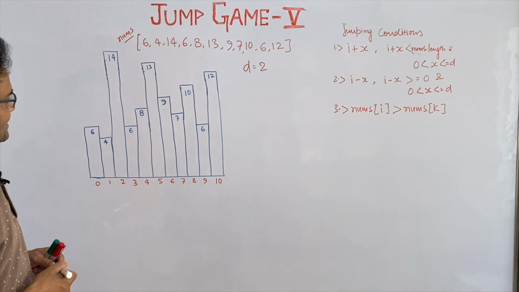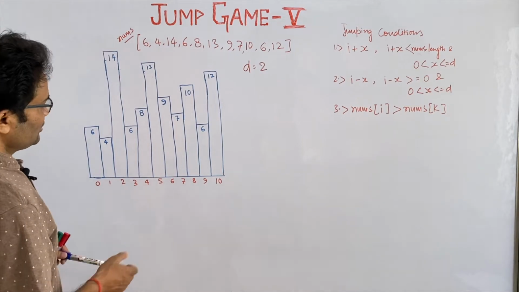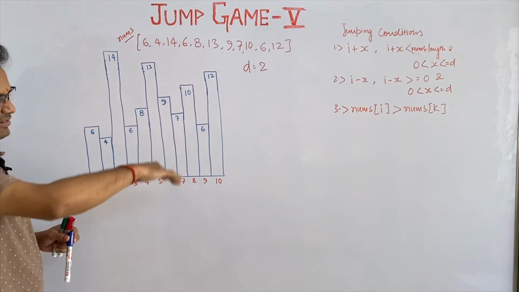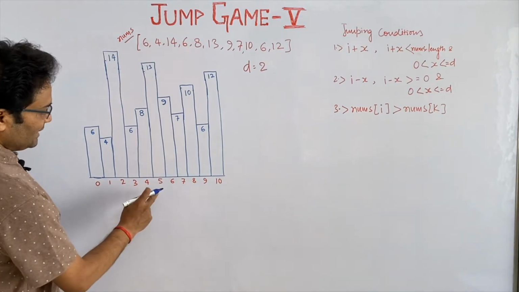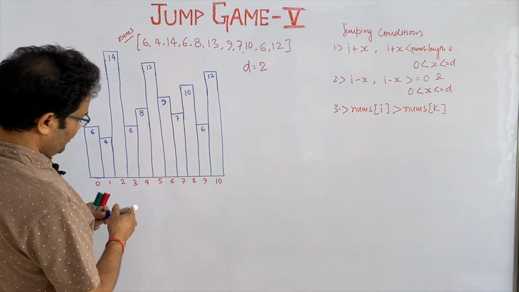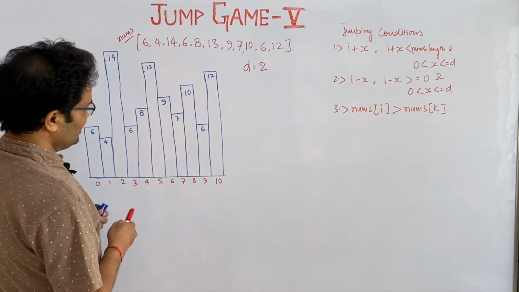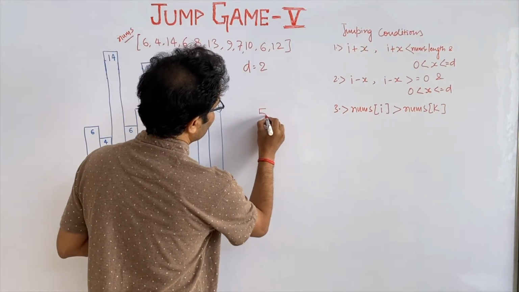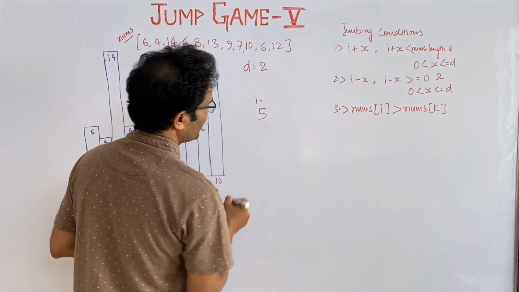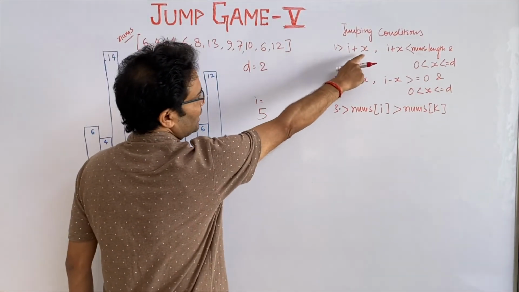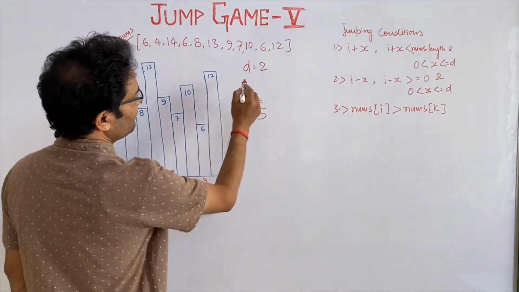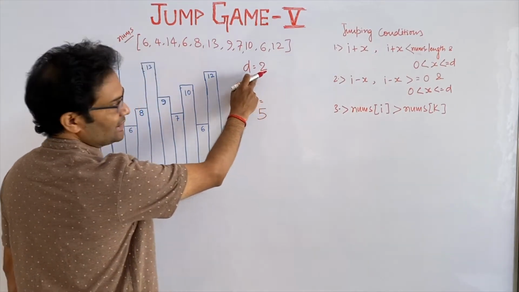So what is the condition? For illustration purposes, you can think these are the buildings, right? Suppose you are at index 5, so i is equal to 5. From 5 you can go i plus x and i minus x, keeping the value d in mind. Say d is equal to 2.